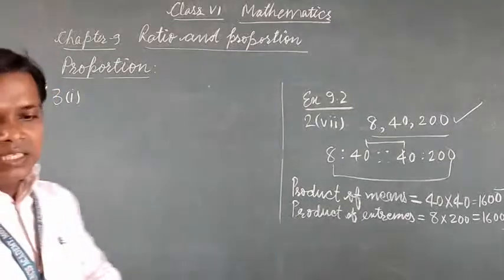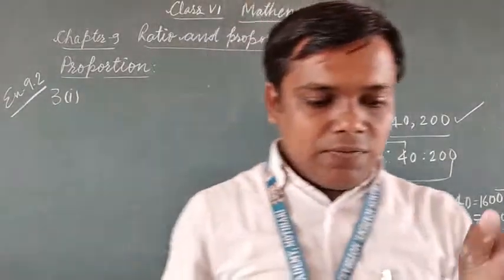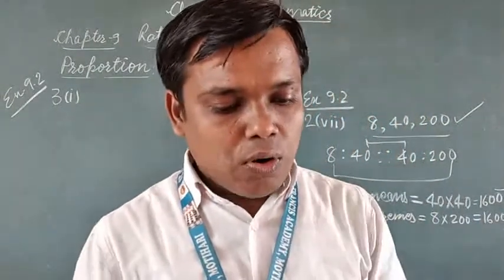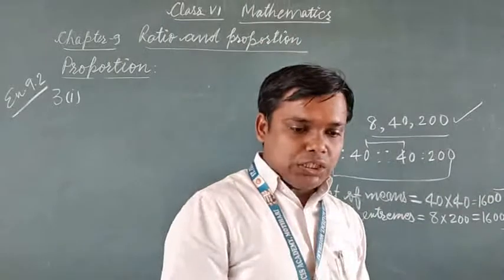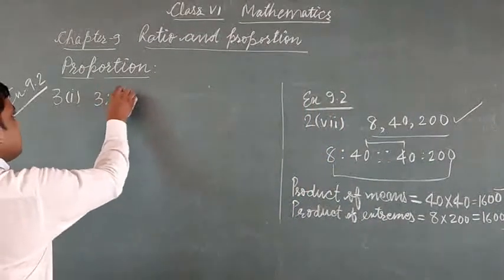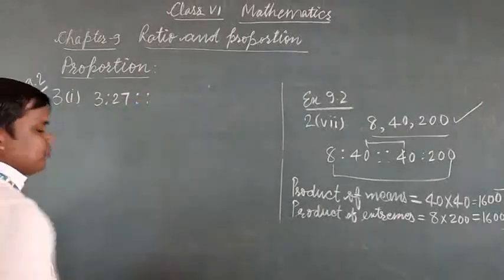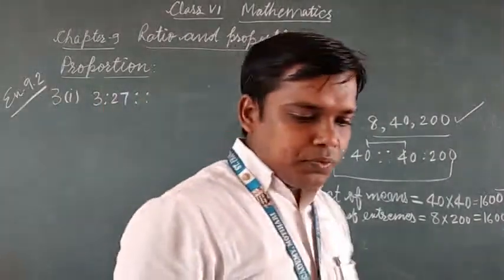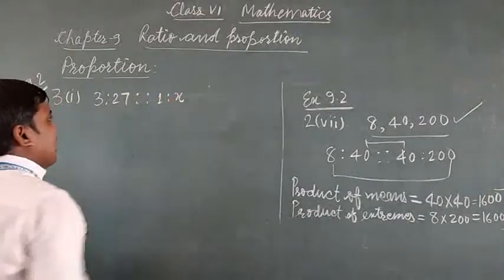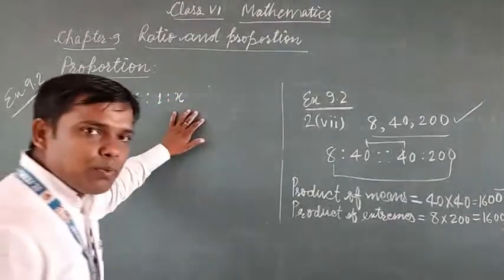This question says find the value of x in each of the following proportions. The first is 3 is to 27 proportion to 1 is to x. It is already written in proportion.